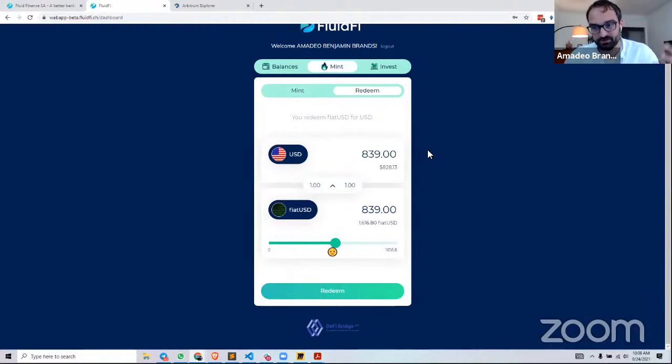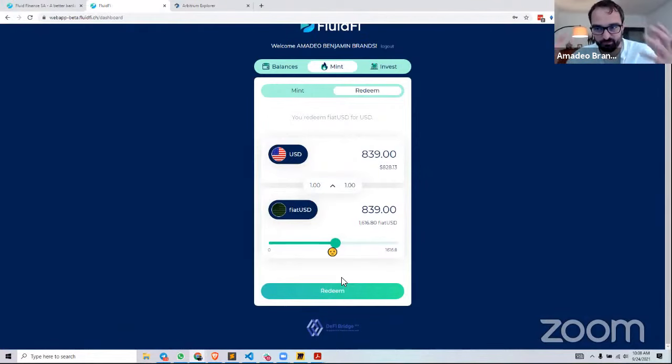So we minted it. As I explained, if you mint fiat USD, the US dollars on your account are sent to the treasury account at the DeFi Bridge DAO. And then the smart contract sees that, and mints that to the address that is connected to your bank account. If we redeem money, we basically send our fiat USD back, we kind of burn our fiat USD.